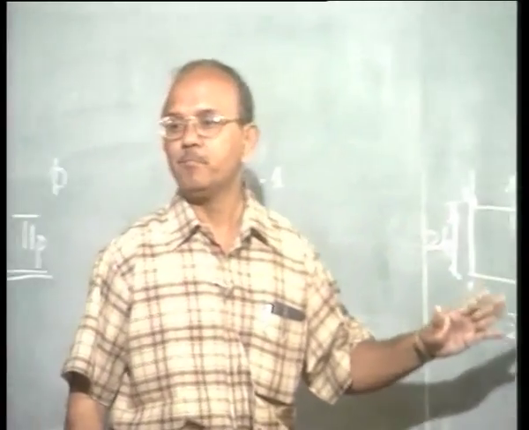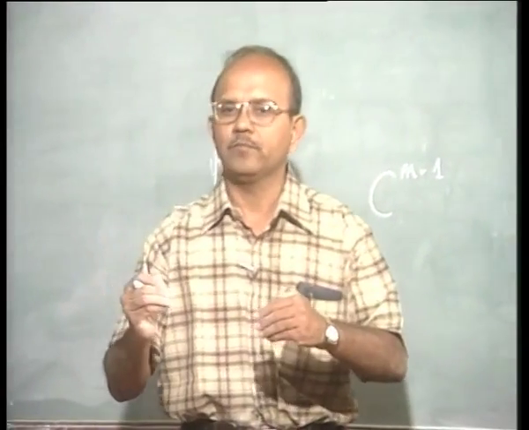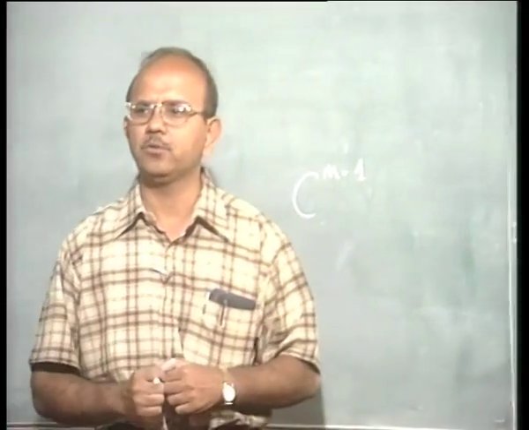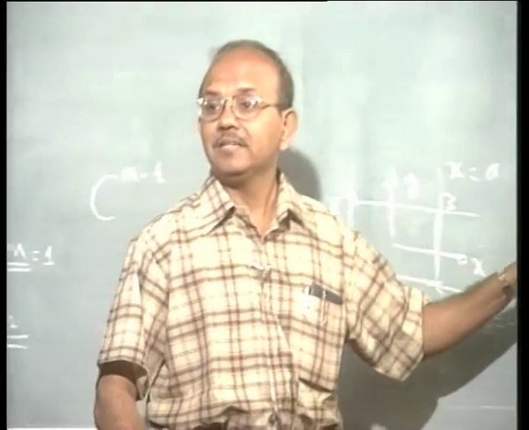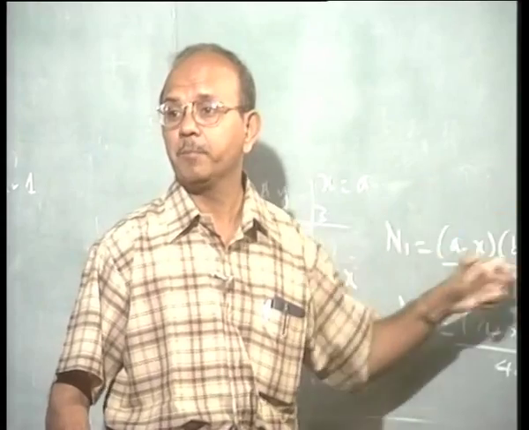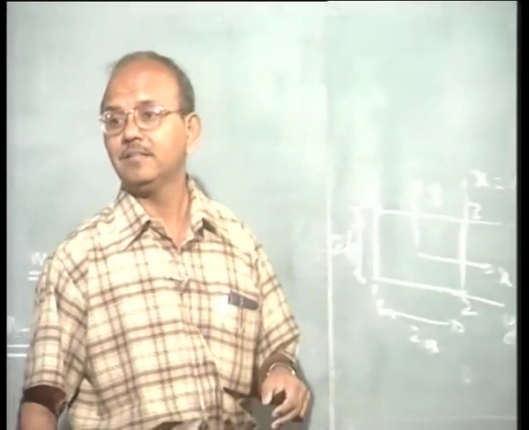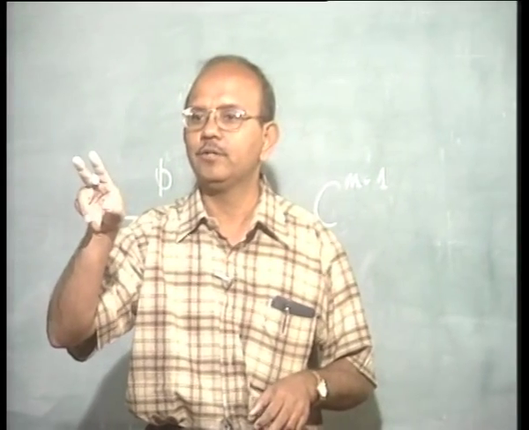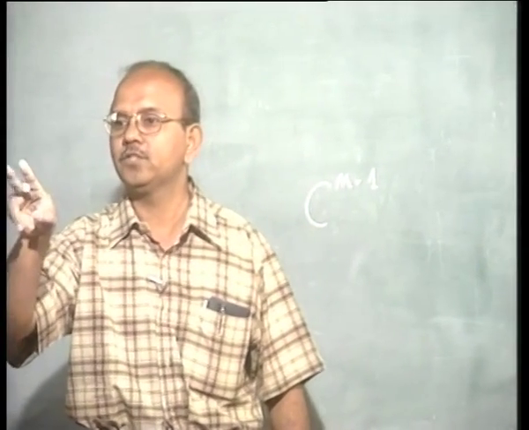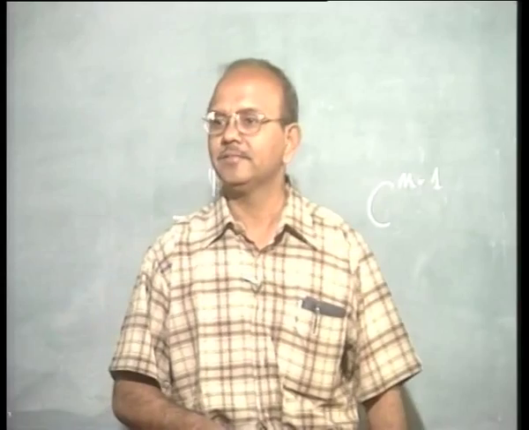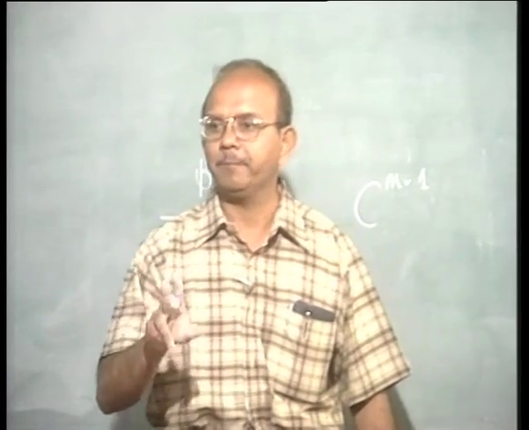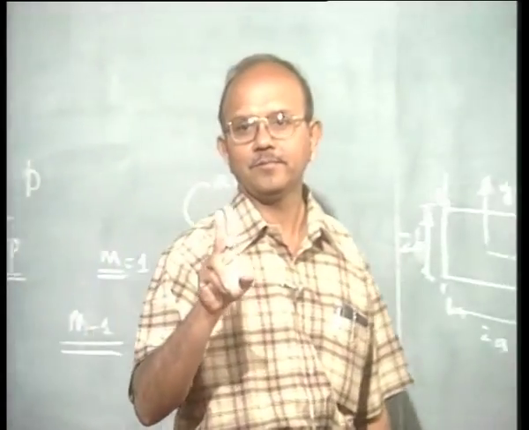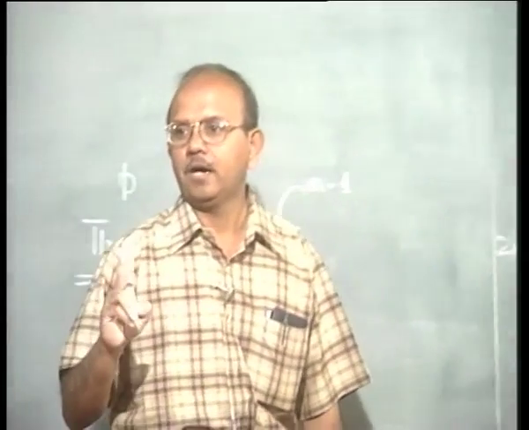In other words, let me give the next clue. I can write it down straight away, but I think it's nice that you think. I should have terms here in such a fashion that the shape functions of all the other 3 nodes disappear at those nodes. That's the next clue. Is it clear?